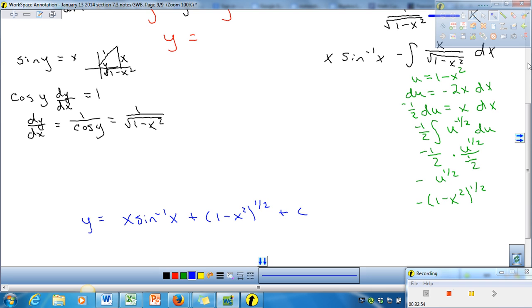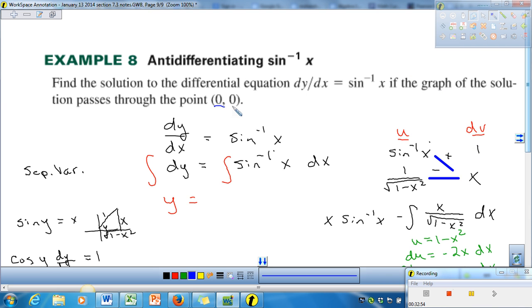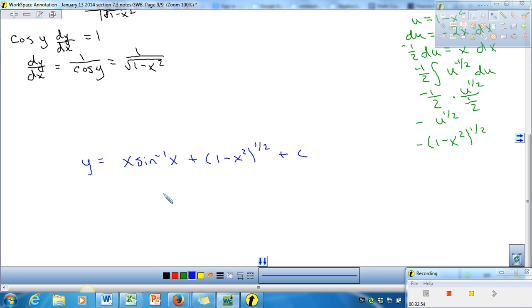That's y equals, the cruel part is, this has to pass through the point (0, 0). We're not quite done. We need to find the constant. So we need to put 0 in for x and 0 in for y.